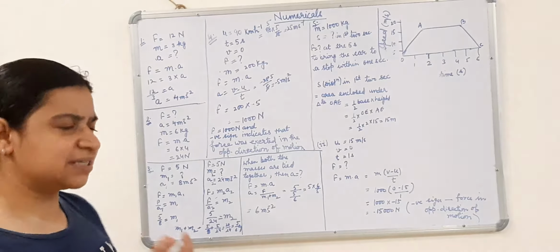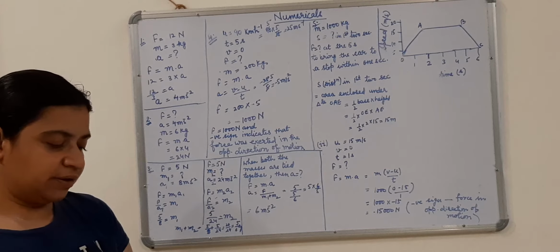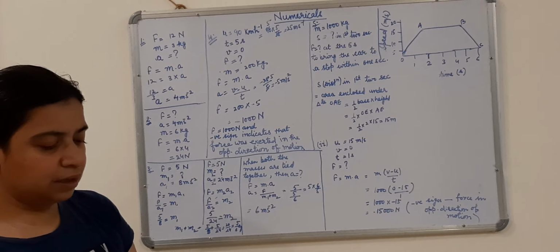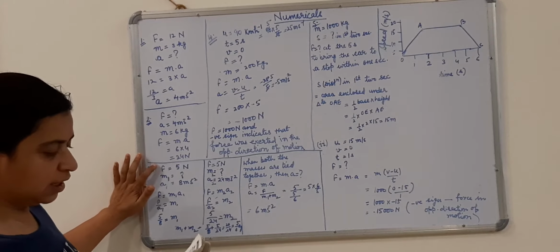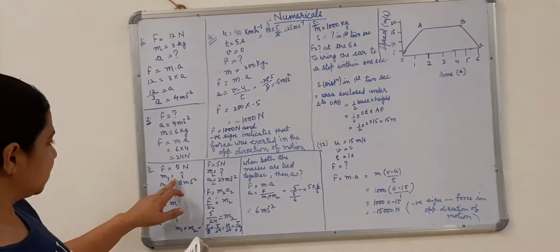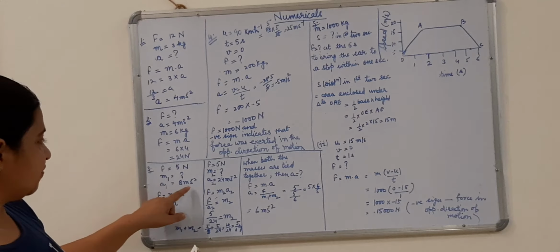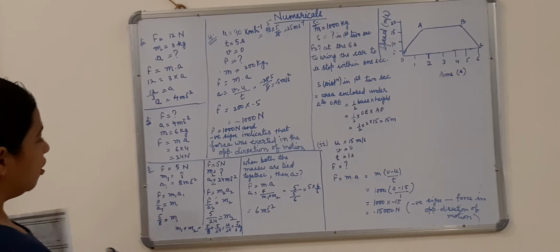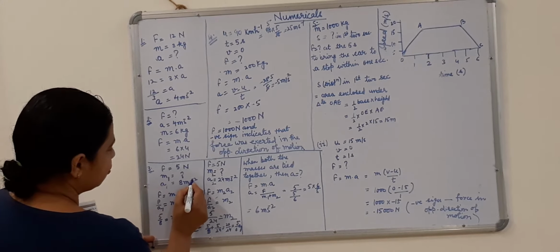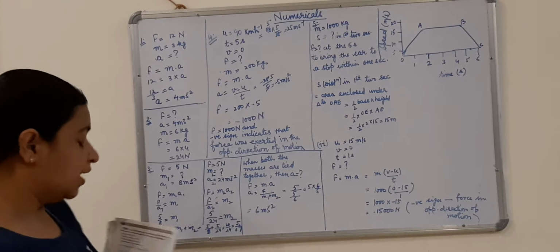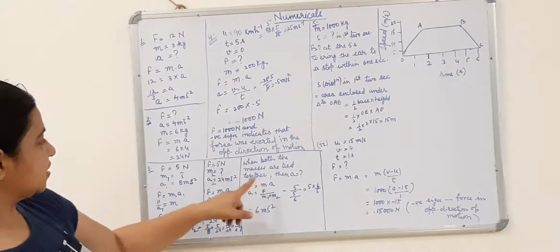Now let us switch over to our third question. It's not as simple, but the same formula we are going to use, only a little more advanced. So question number 3 is: a force of 5 Newton gives a mass m1 an acceleration of 8 meter per second square, and gives a mass m2 an acceleration of 24 meter per second square.